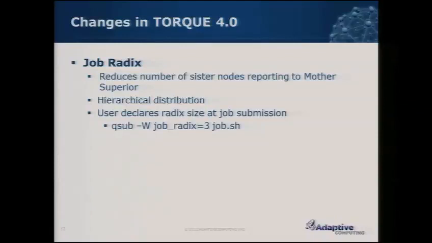We had the opportunity a couple of years ago to go down to Los Alamos and try it out, and we found that it doesn't reduce time, but we also found that wire-up time is not the bottleneck that Los Alamos was seeing. However, similar to the MOM hierarchy, it offloads network traffic. So instead of everybody communicating to the PBS MOM, they go through a hierarchy instead.